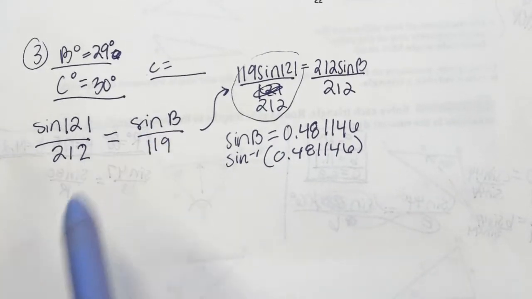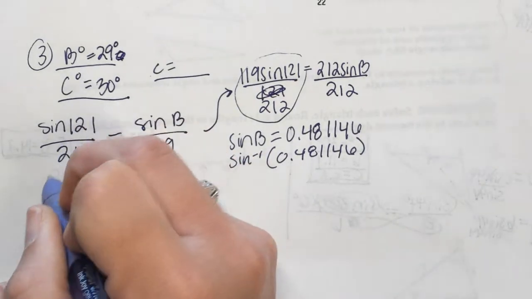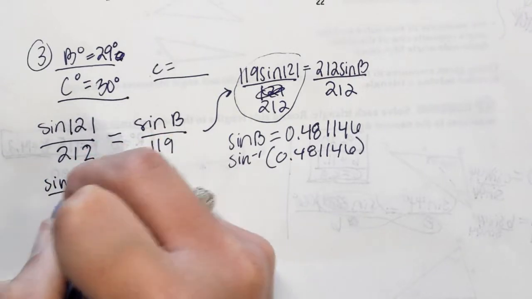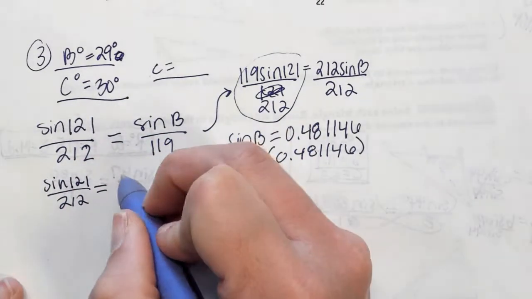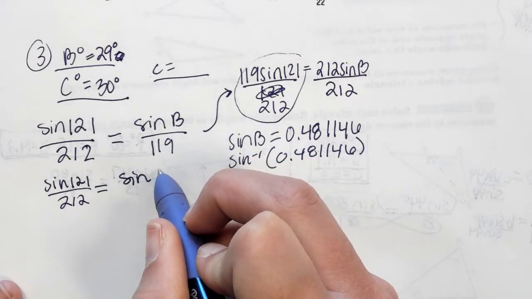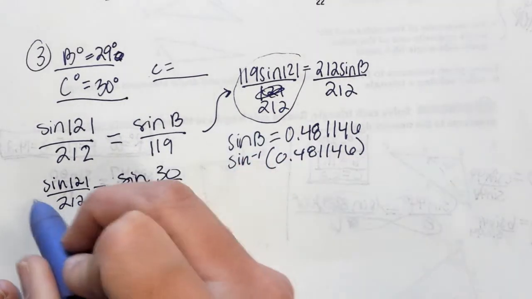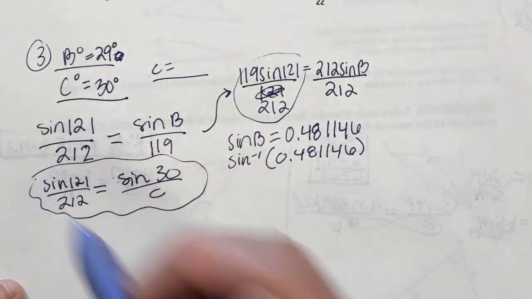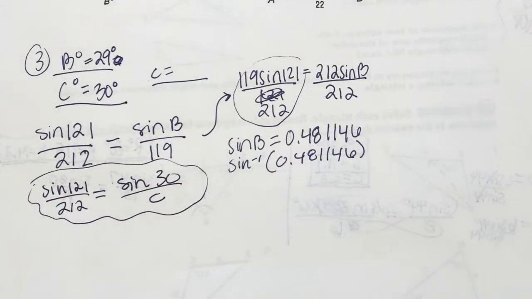Yes. What is this called that we're working on? Yes, law of sines. Alright, so it'd be sine, we can still use this, right? Sine 121 over 212. Just now we have to have sine what? Very good. Go ahead and solve for C using this equation. Make sure you round sides to the nearest tenth.